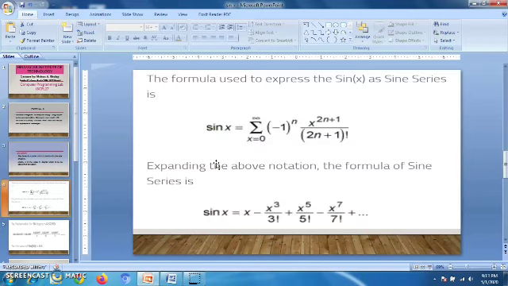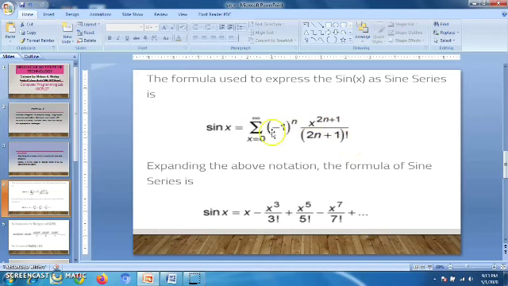Next we'll see what this sin series, or Taylor series approximation, is. It's a particular formula which you can use for calculating sin of x, and the formula is as follows. Sin of x is equal to summation over n equal to 0 to infinity of minus 1 raised to n, x raised to 2n plus 1, divided by 2n plus 1 factorial.